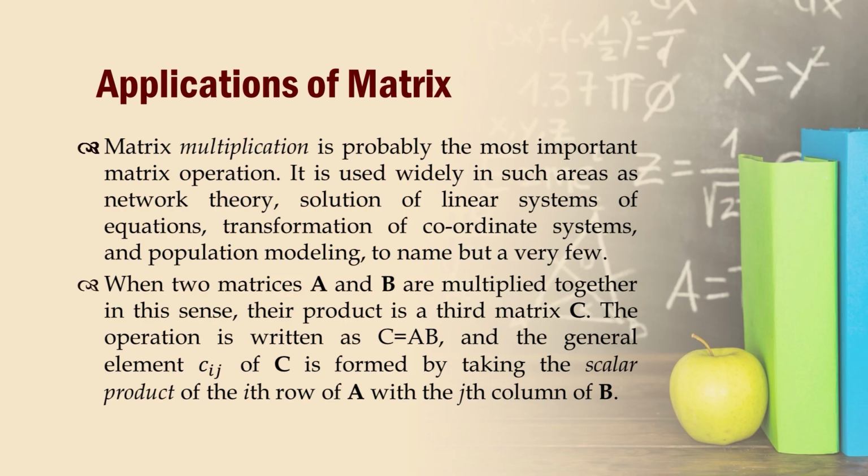When two matrices A and B are multiplied together in this sense, their product is a third matrix C. The operation is written as C equal to A into B, and in general Cij, the small cij of C, is formed by taking the scalar product of the ith row of A and the jth column of B. So these all are the matrix multiplication approach.